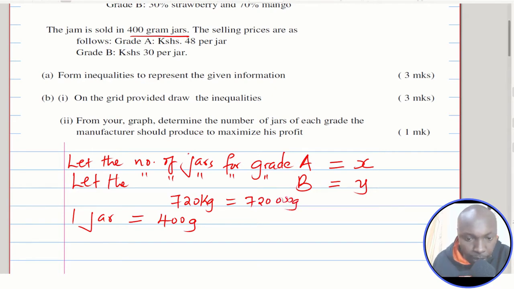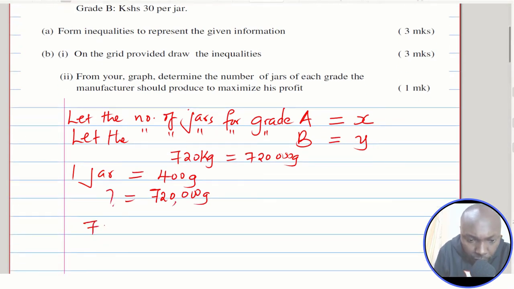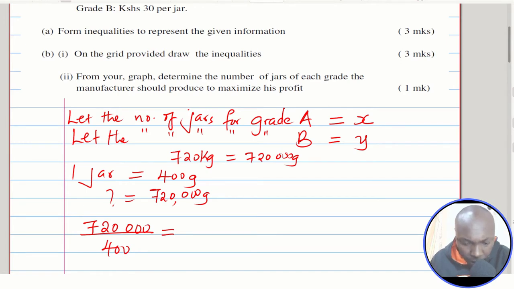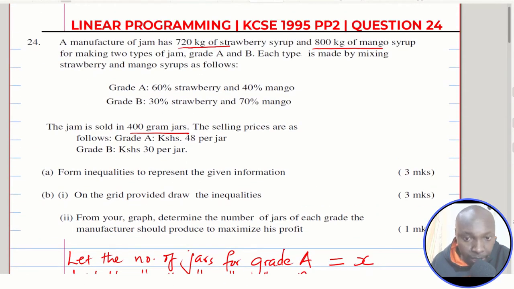You just multiply by 1,000 to convert kg to grams. How many jars will this produce? You just need to divide. 720,000 divided by 400, using a calculator, gives 1,800 jars. So 720 kg of strawberry will produce 1,800 jars.